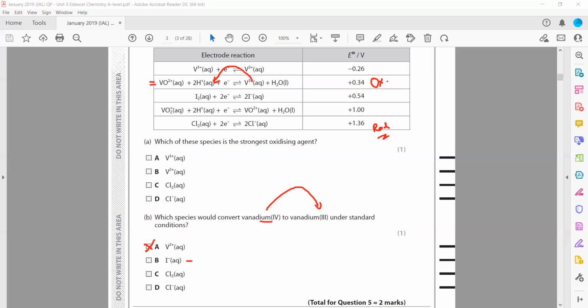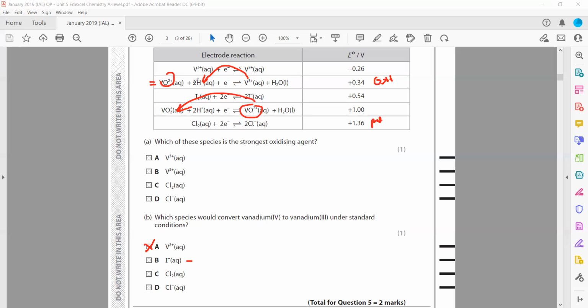But what about the chloride ion? Why is the chloride ion also not suitable? If we use a chloride ion, the same equation will be there, because this equation includes the chlorine molecule and chloride ion. So here reduction happens, and this one is oxidized. First it will convert vanadium 3 into vanadium 4. And then, because now vanadium 4 is there, this vanadium 4 will convert into vanadium 5.